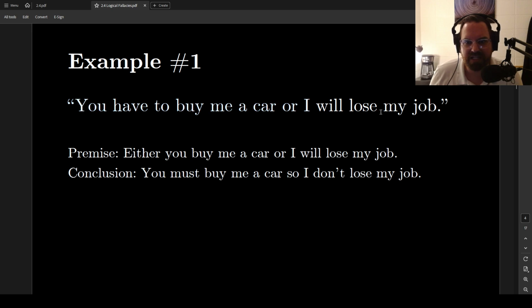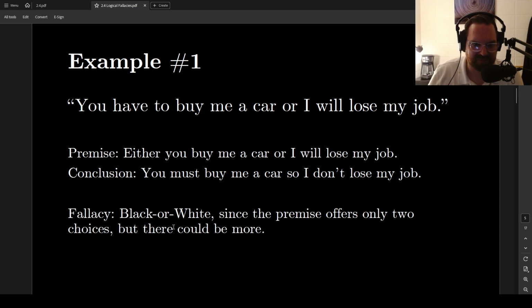You have to buy me a car or I will lose my job. So what's the premise? The premise here is either you buy me a car or I will lose my job. That's a this will happen or this will happen kind of thing. What that sounds like to me is a black or white fallacy.